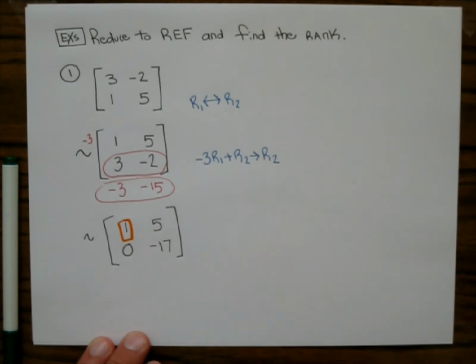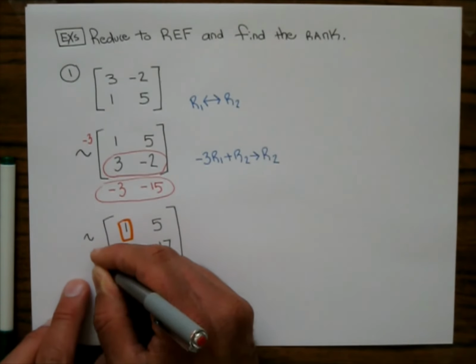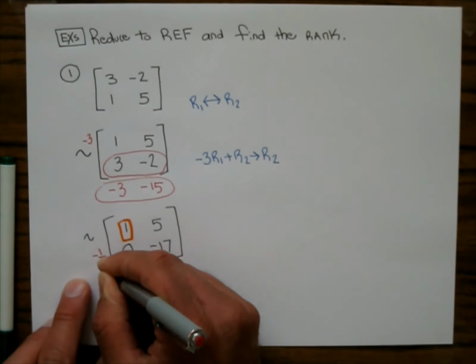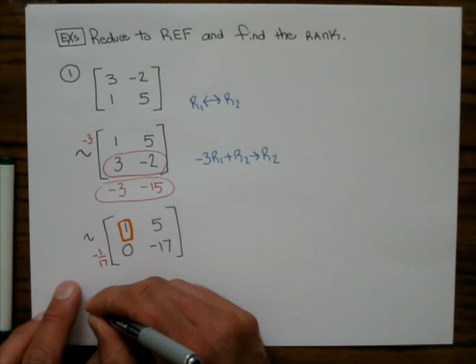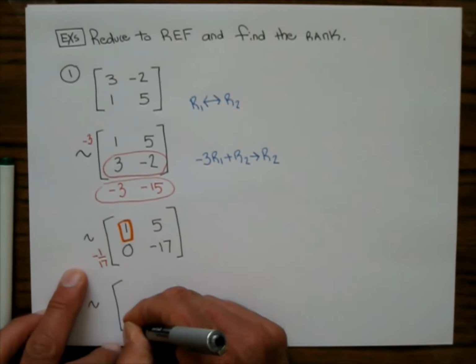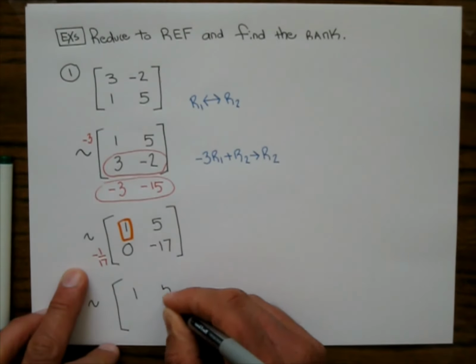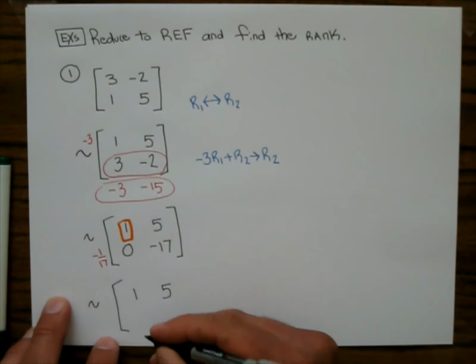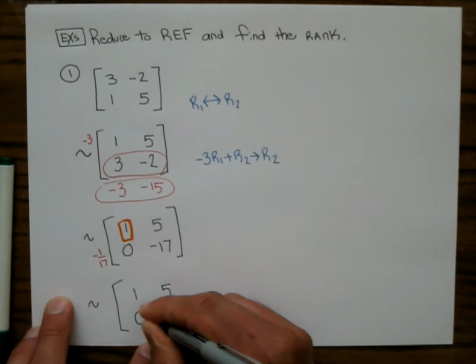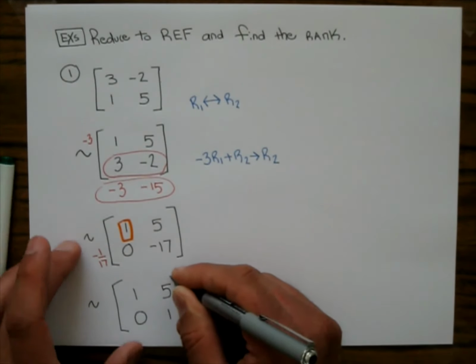Well, scale it down, multiply it by -1/17. It's not going to affect that 0 there. And so what does this give us? This gives us 1, 5. That stays the same. And the bottom is 0, 1.